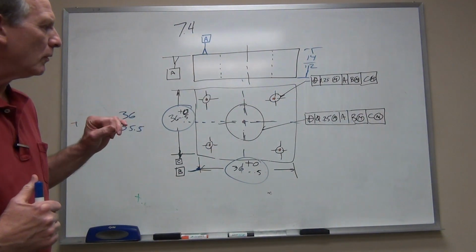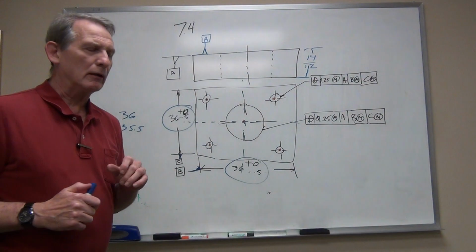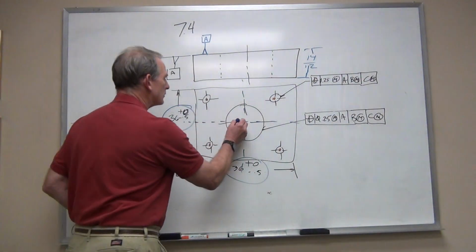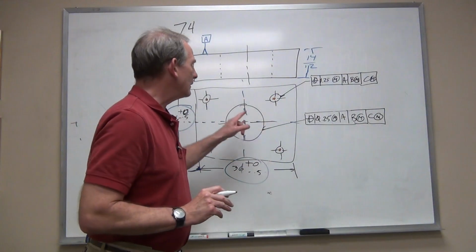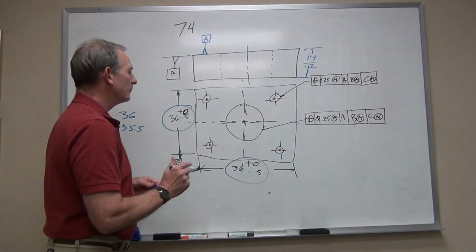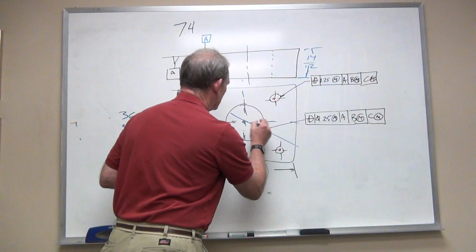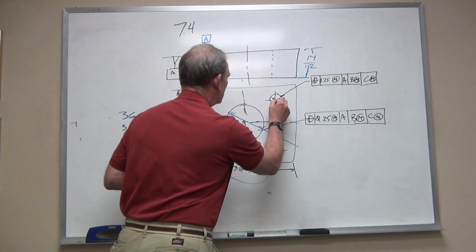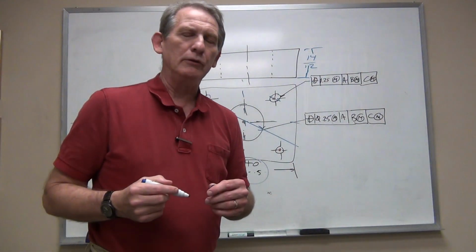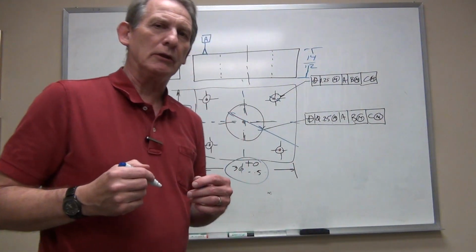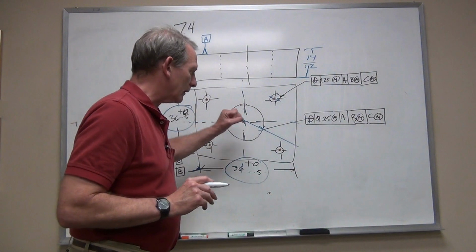We can now adjust the size of the tolerance zone for each one of these holes based on not only the size of the feature itself, the size of this hole, the size of this hole. We can use that size to adjust the size of the tolerance zone, locating the hole.